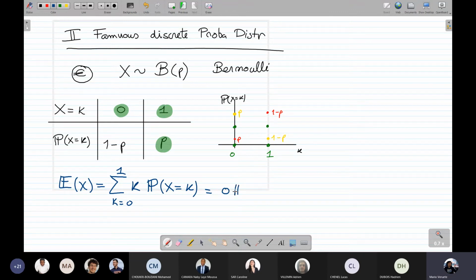So this is 0 times the probability that X takes the value 0 plus 1 times the probability that X takes the value 1. The probability that X takes the value 0 is 1 minus P, plus 1 times P. So when you add up, this is just P. The expectation of a random variable that follows a Bernoulli distribution is P.